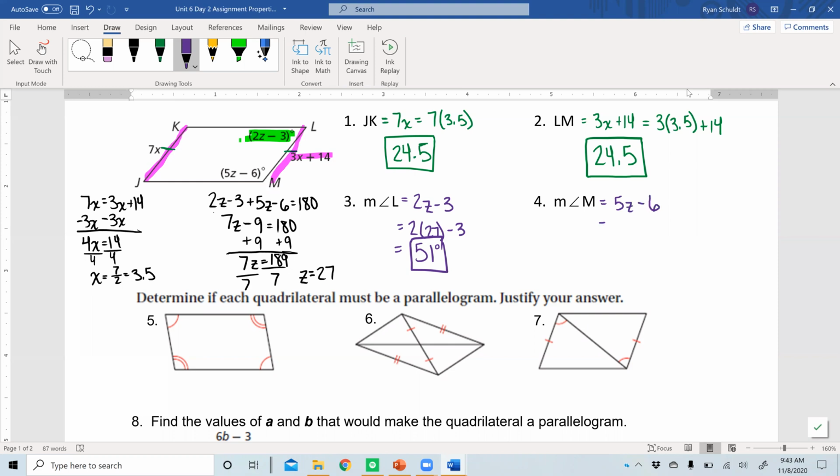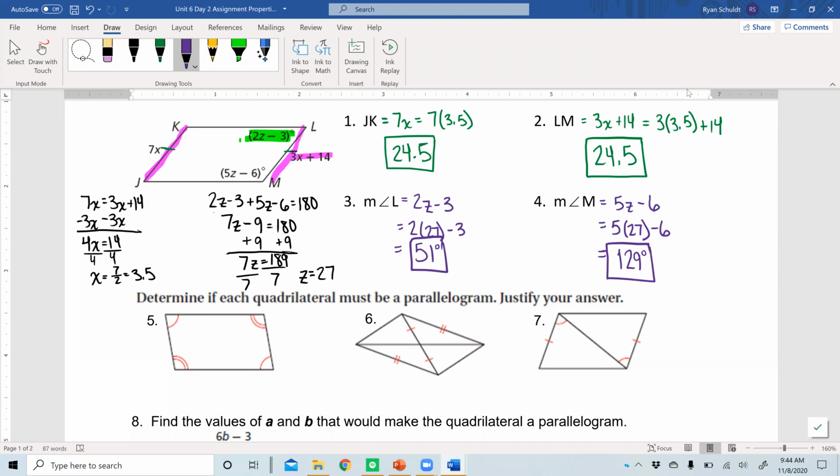I know what z is, so let's plug it in. If you do that, that should get you 129 degrees.